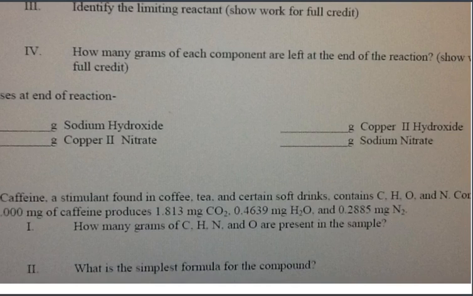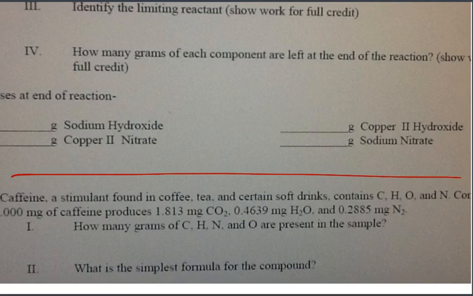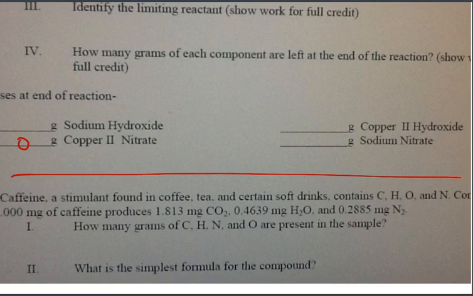This is where I want all your answers. You can put them right here. So we just learned that our limiting reactant was copper 2 nitrate. So already I can put a 0 in for my value of copper 2 nitrate. I also solved for grams of NaNO3 and got 2.79. So I'm going to put 2.79, and that will be the answer for that.